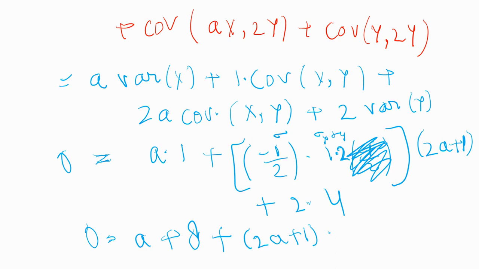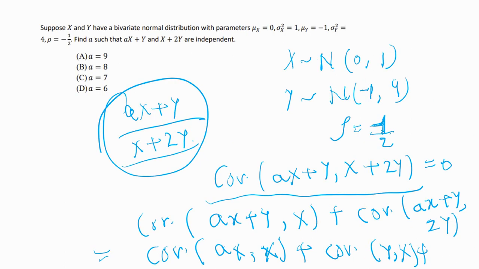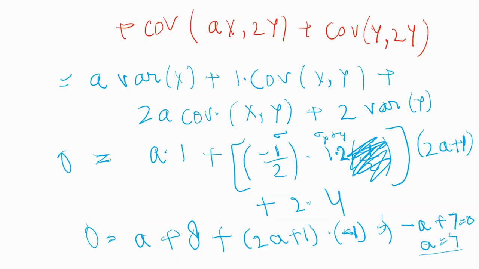So this one will cancel out, it will be minus 1. So you have basically minus 2a plus a minus a plus 8 minus 1, 7 is equal to 0. So a is equal to 7 will be the answer. Is it understood?